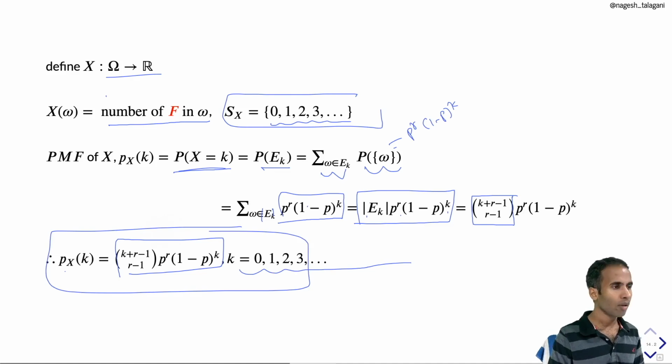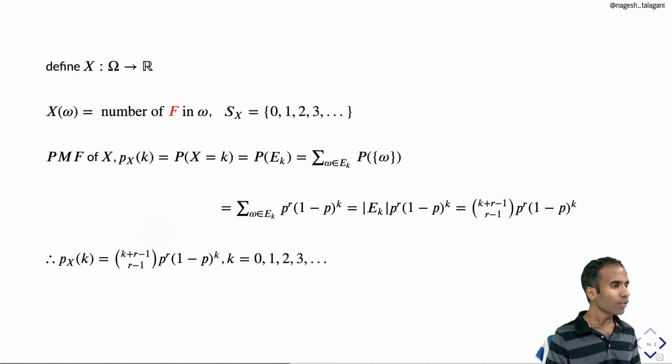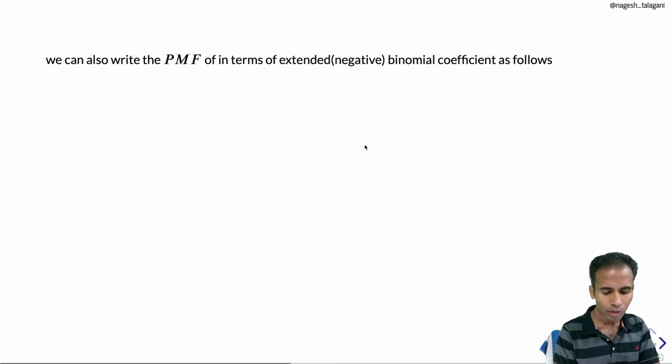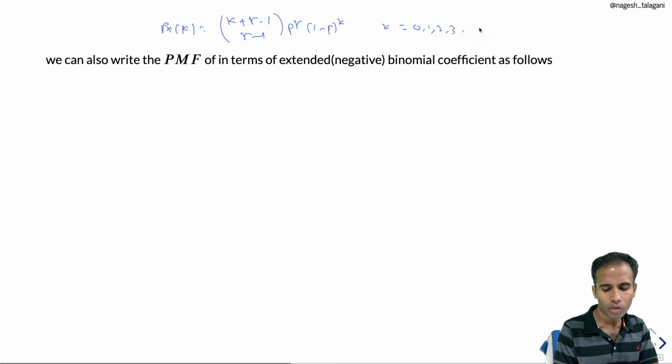Okay, fine. We can also express the same PMF in terms of the extended binomial coefficient like this. Okay, actually what is our PMF here? P_X of k equals k plus r minus 1 choose r minus 1, p power r, 1 minus p power k, for k equal to 0, 1, 2, 3, and so on.